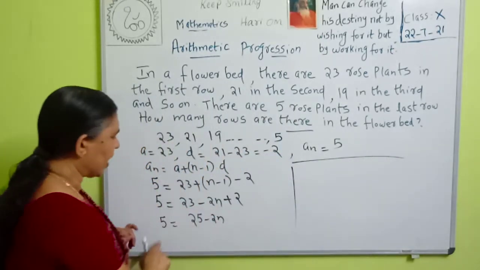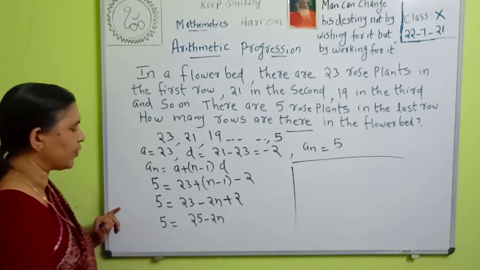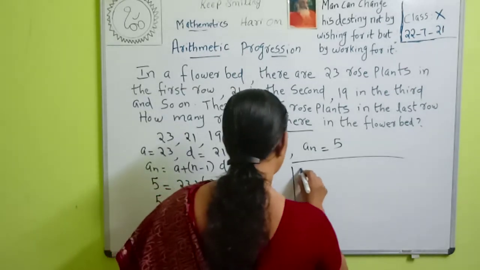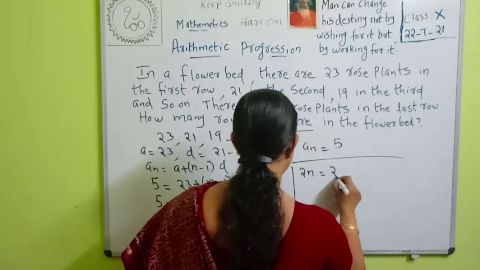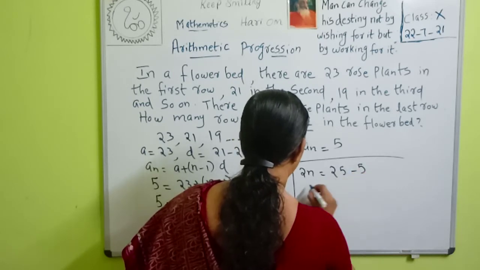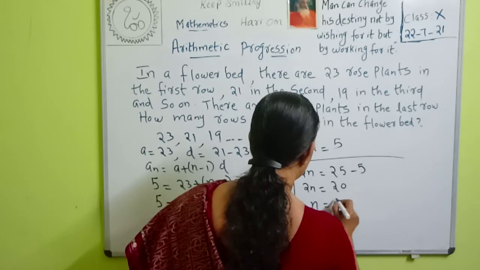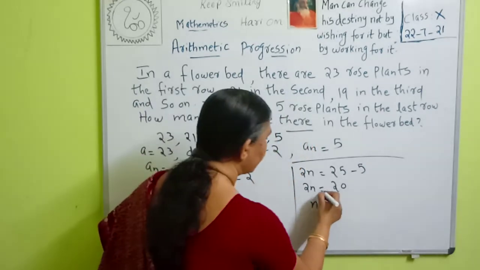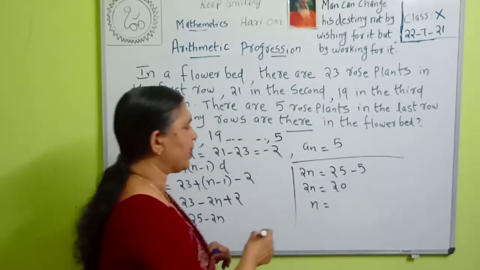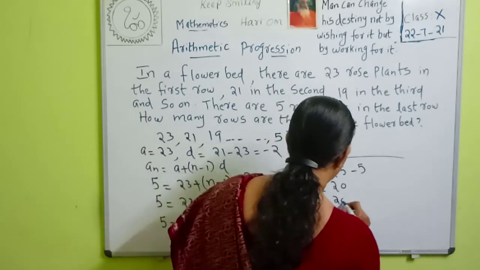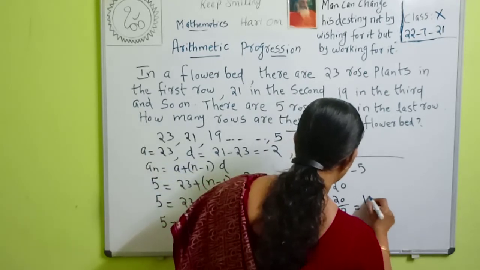Transposing this minus 2n to the LHS and 5 to the RHS, 2n is equal to 25 minus 5, or 2n is equal to 20. Then what is n? n is equal to 20 by 2, that is equal to 10.